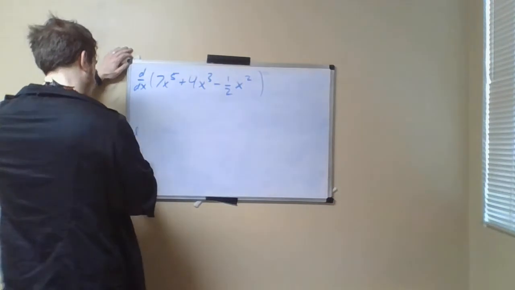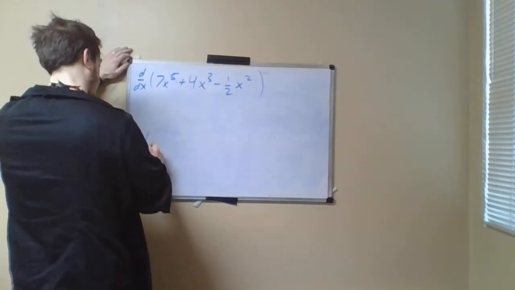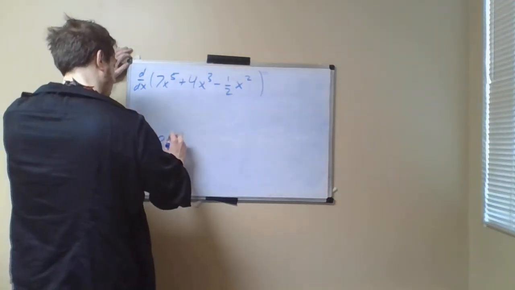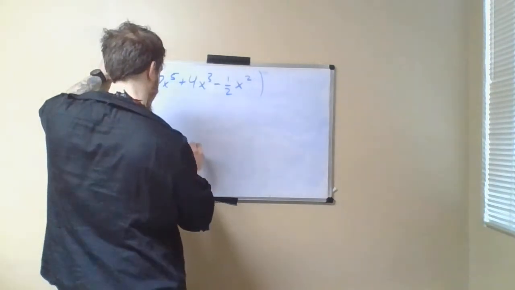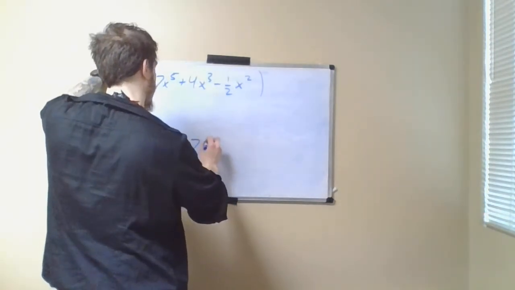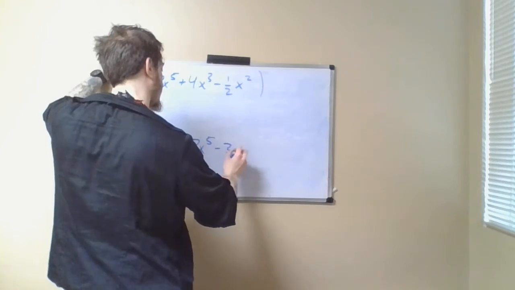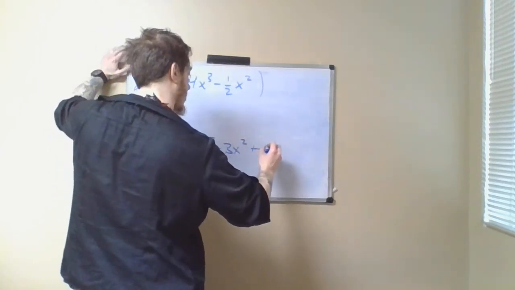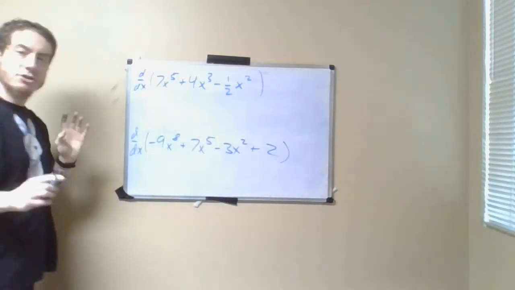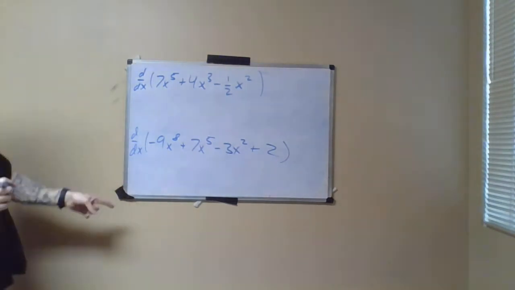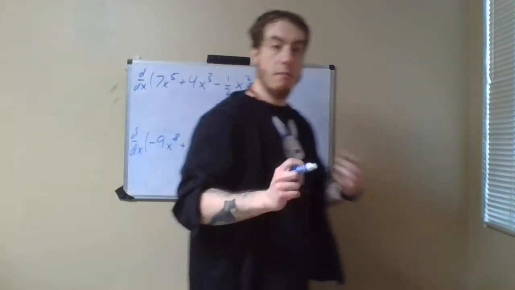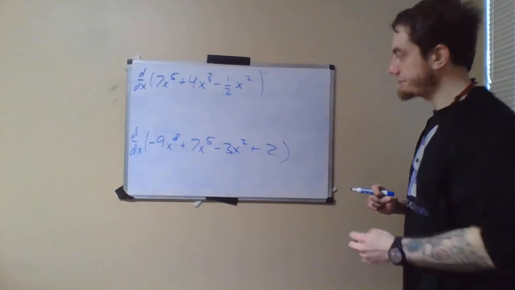And then we'll also do the derivative of negative 9x to the eighth plus 7x to the fifth minus 3x squared plus 2. All right, so pause the video, take a couple of minutes, see if you can work these out, and then come back to this and we'll keep going.